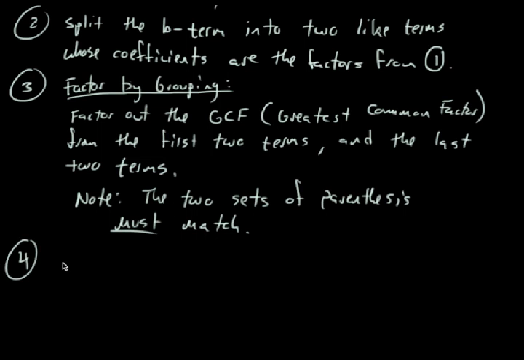And then let's see, step 4 is kind of the conclusion of factor by grouping, where technically we're going to factor out these matching sets of parentheses. But I'll just call it write the factors, I guess.